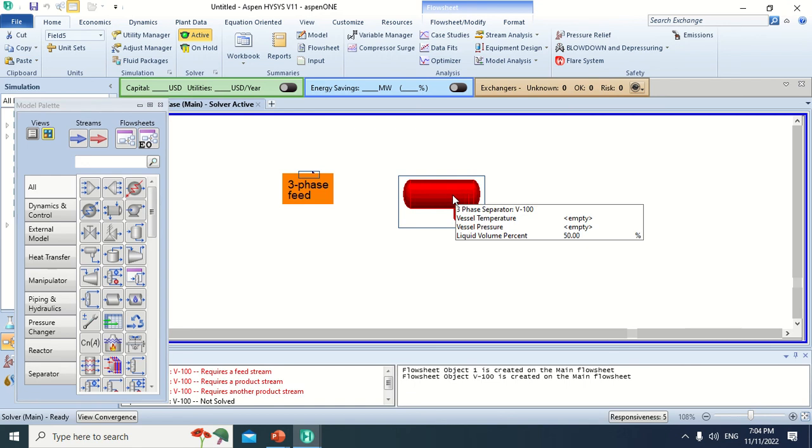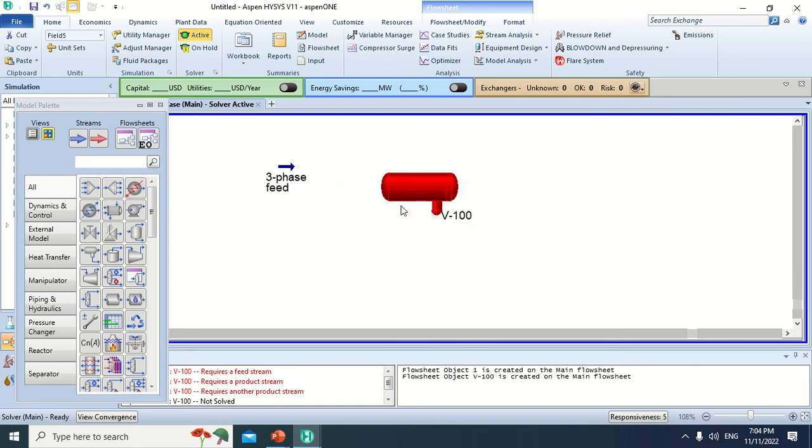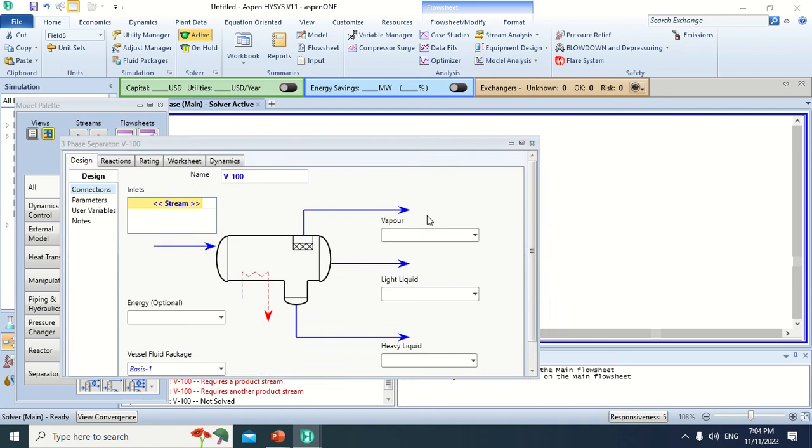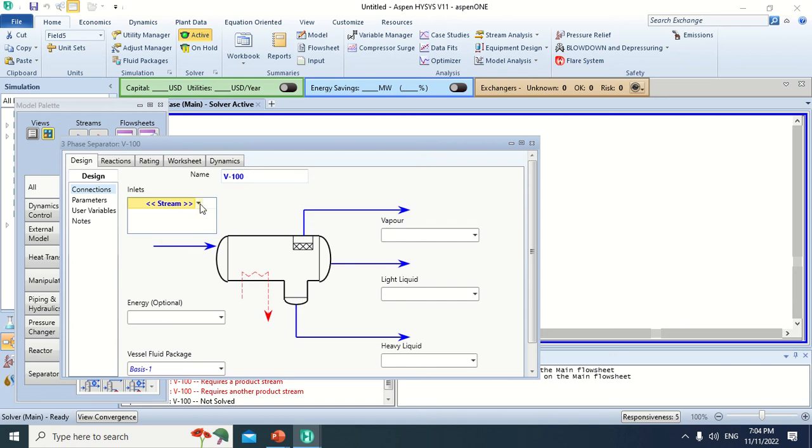Click on it, and I'm going to change the name of separator, and for a stream I enter three-phase feed.